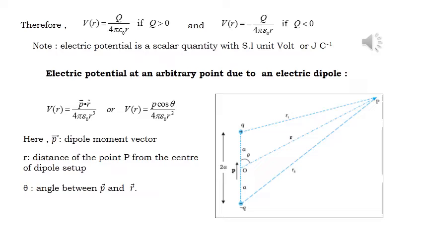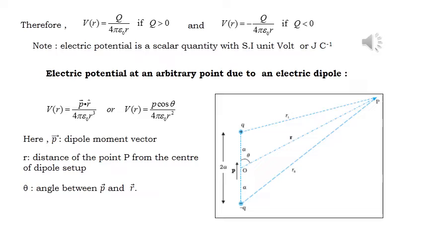So remember, electric potential is a scalar quantity with the SI unit volt, or joule per coulomb. Now we are going to discuss elaborately the derivation of electric potential at an arbitrary point due to an electric dipole.